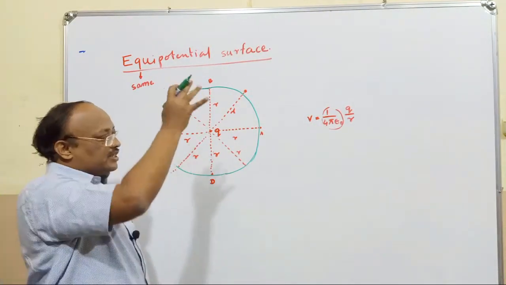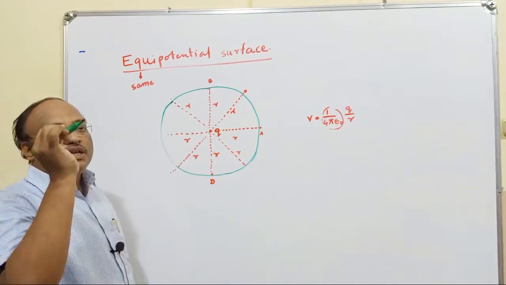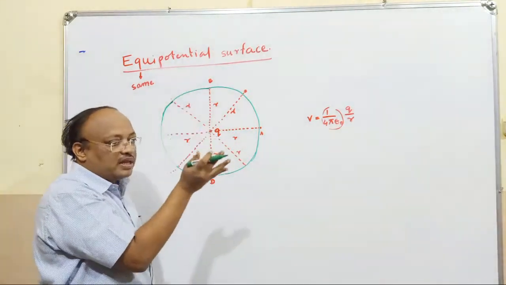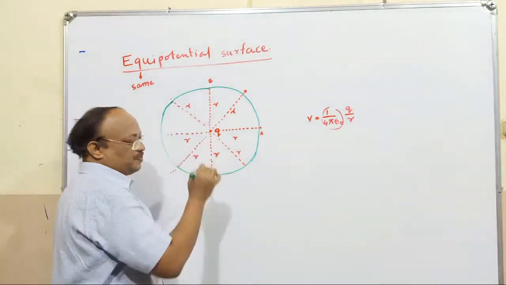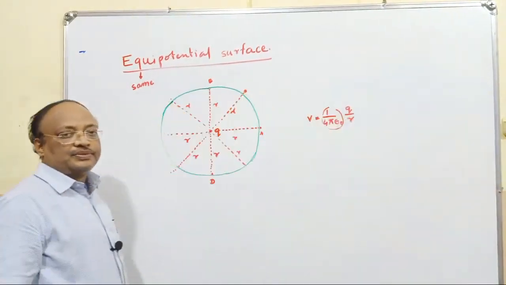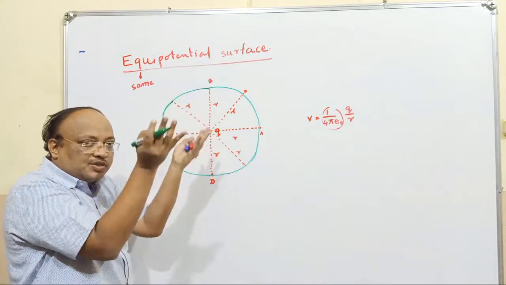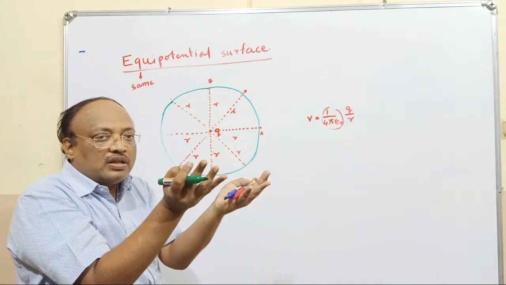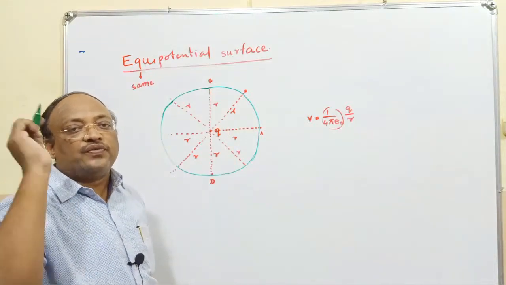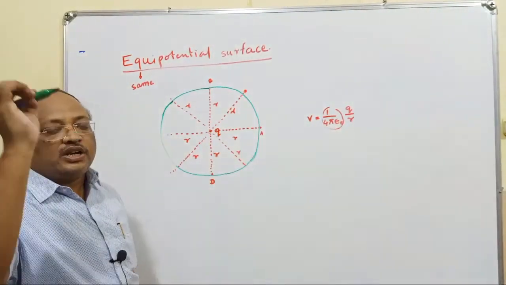So this sphere is an equipotential surface. If a charge is placed at the center of the sphere, at every point on the surface of the sphere, the potential will be the same if you are keeping this Q at the center of it.